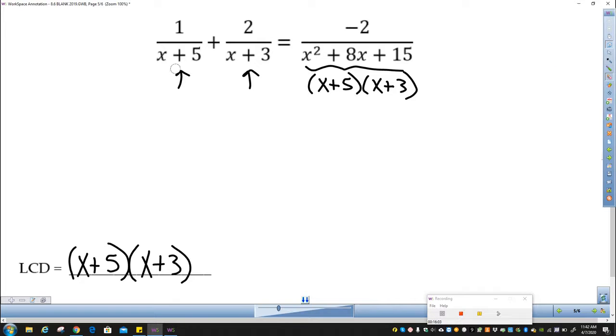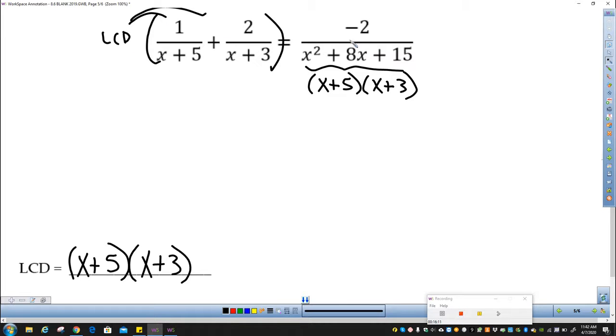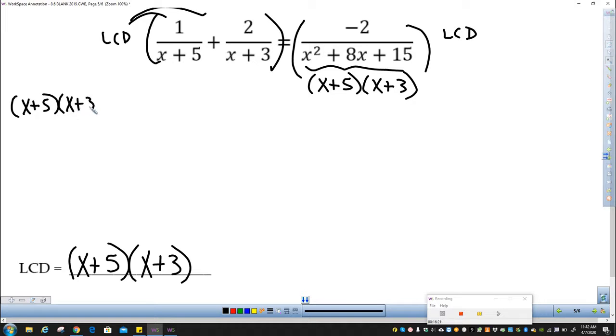We're going to multiply everything on both sides by the LCD. The LCD is going to have to distribute on the left side to both parts. So I'm going to write it out for each part. So we've got x plus 5 times x plus 3 multiplied by the first fraction, 1 over x plus 5.